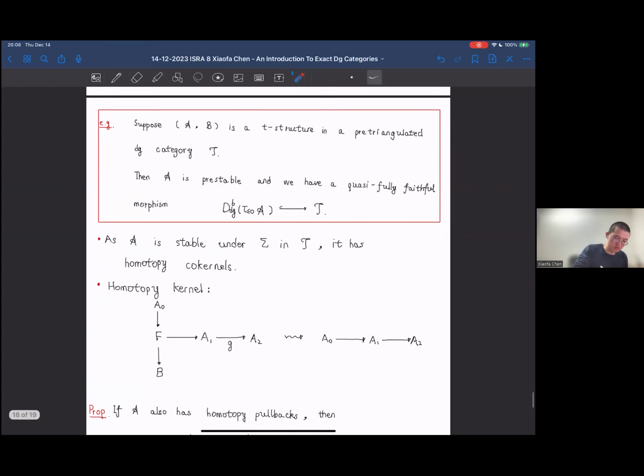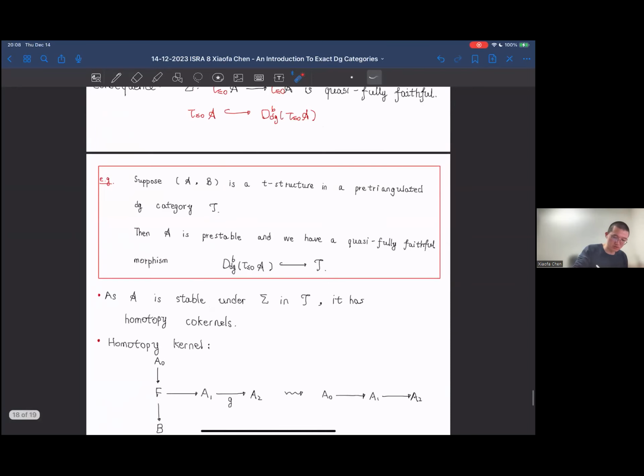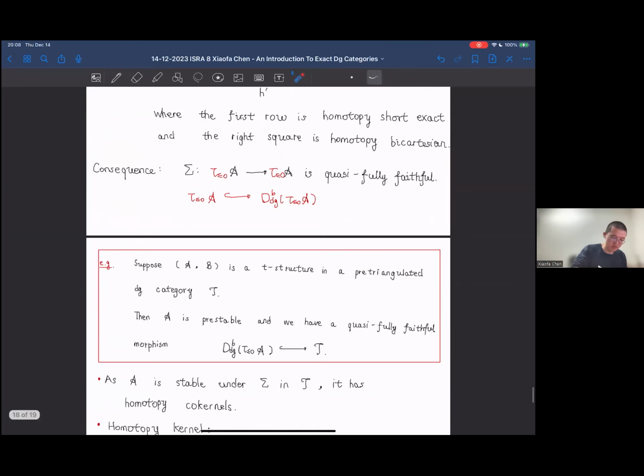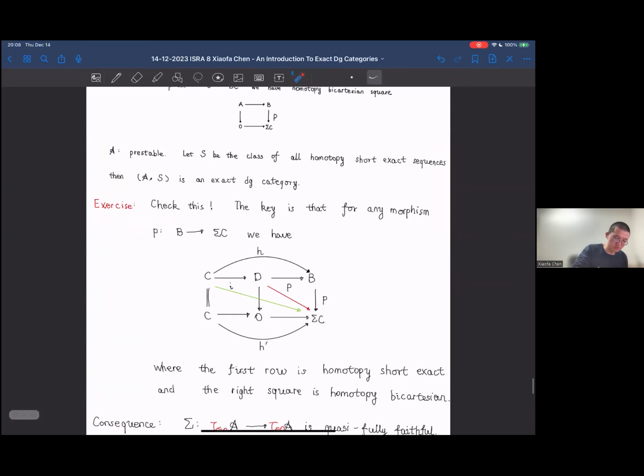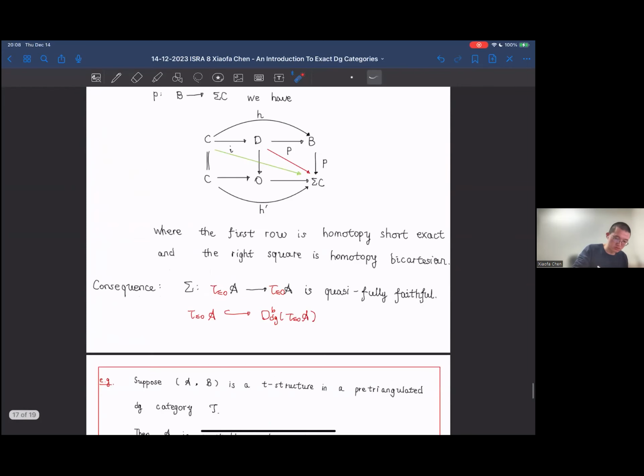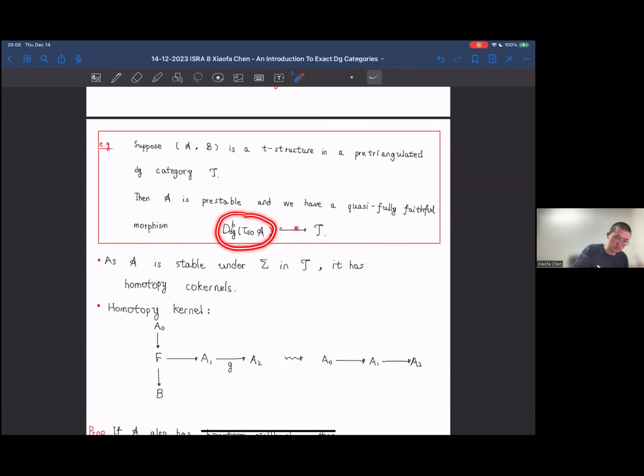Then we take the exact structure above, taking all homotopy short exact sequences, and then we have a unique morphism from the derived category to T induced by the inclusion of the truncation of A into T. Because this morphism is an exact morphism, and T is pre-triangulated, we have a unique induced map.